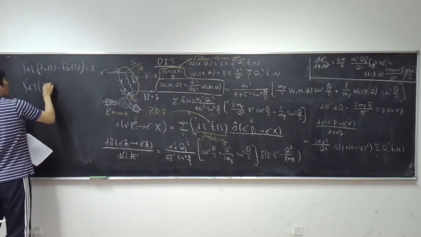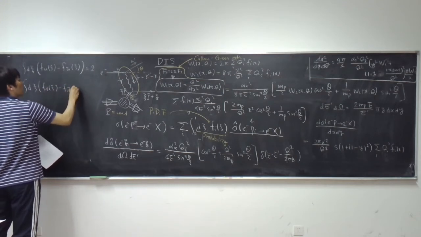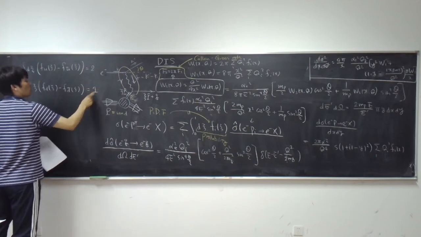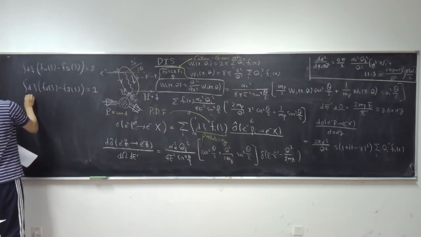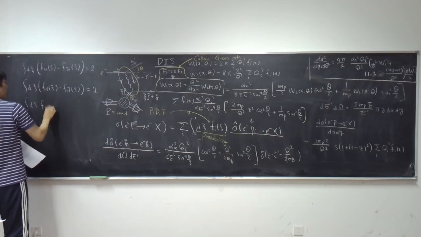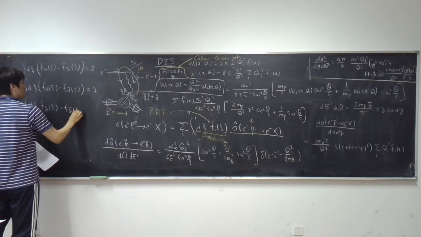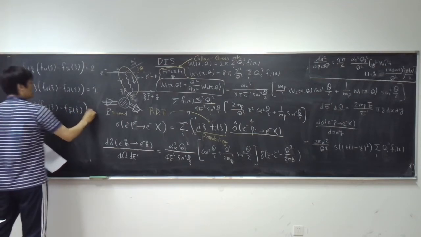And if you do the down quark, the same thing for this anti-down quark, and the probability is 1 because you have 1. And the rest of the quarks, f_q for the rest minus f_qbar, is 0 otherwise.